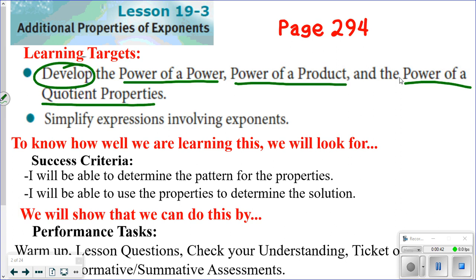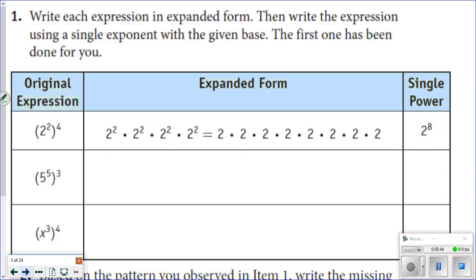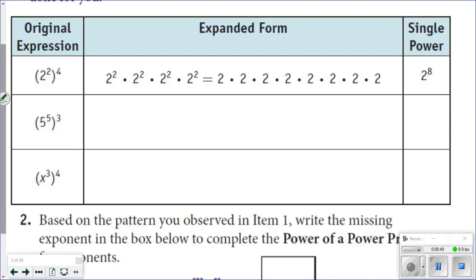So for question 1, we see this table here. And the first one is done for us. So in my parentheses, I see a 2 squared. And 2 squared is being raised to the 4th power. So 2 squared multiplied by itself 4 times. So I have 2 squared, which is 2 times 2.